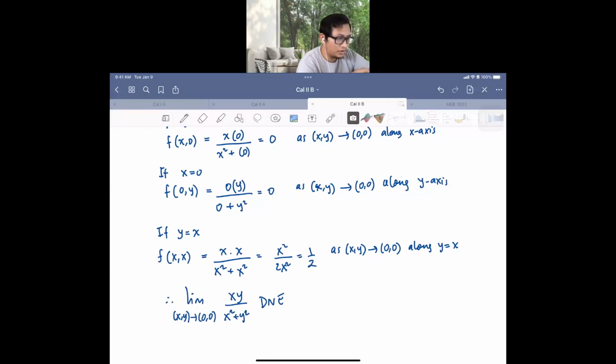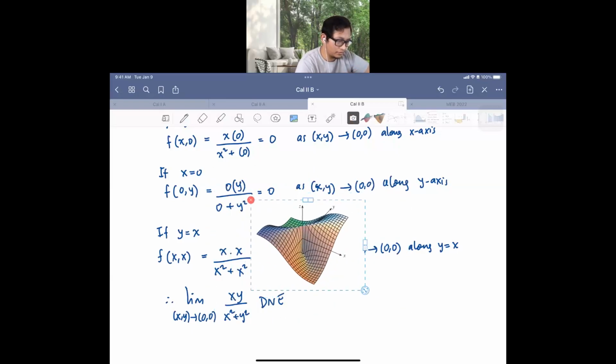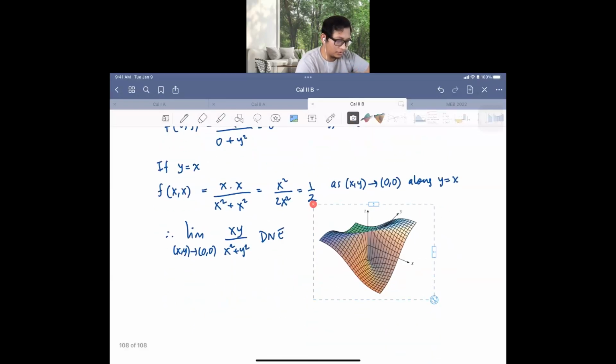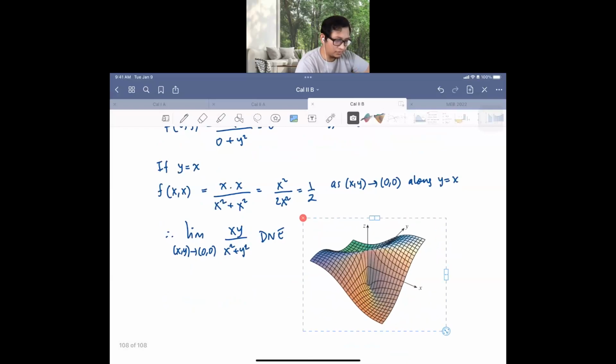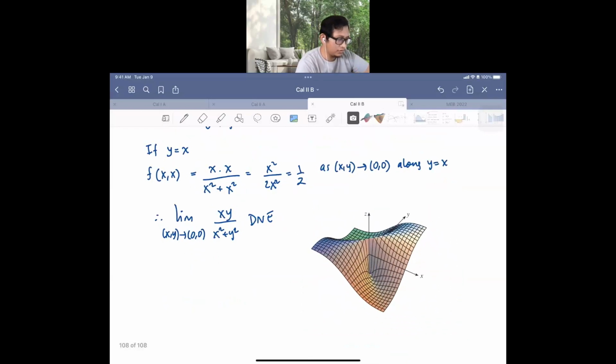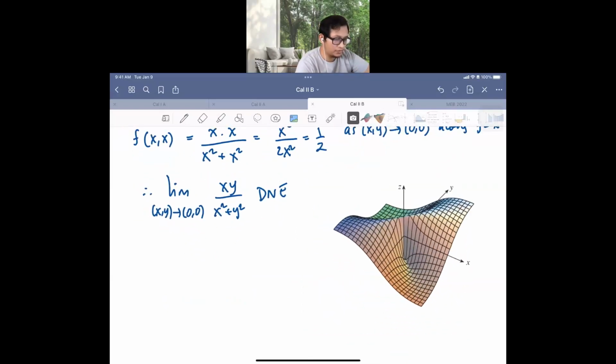If you see the curve, this is the function of two variables.